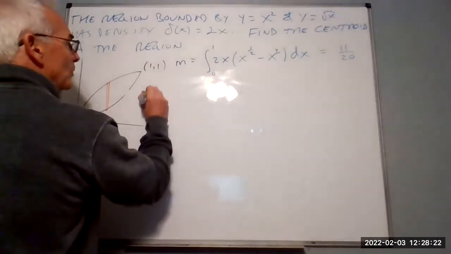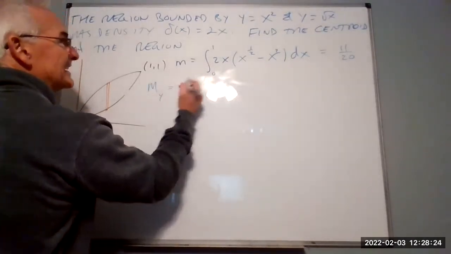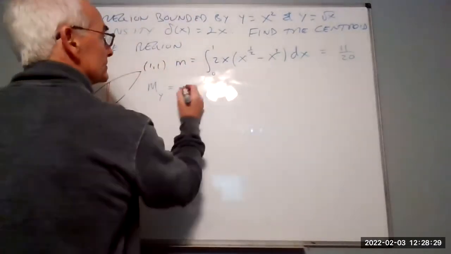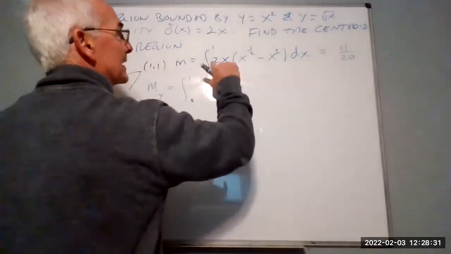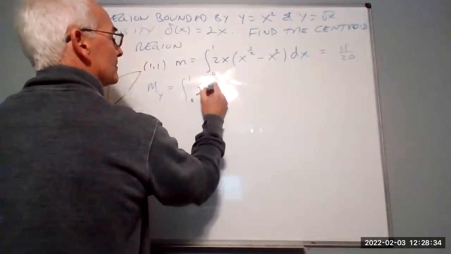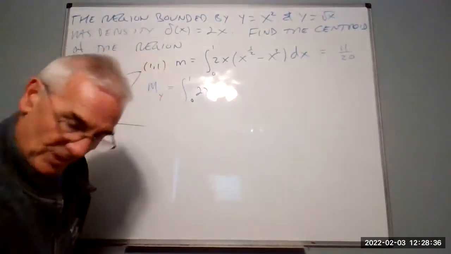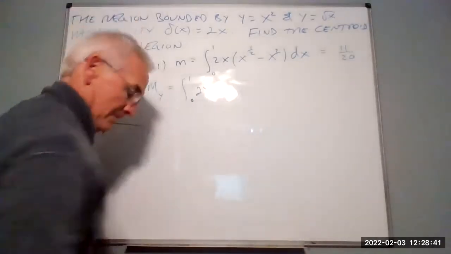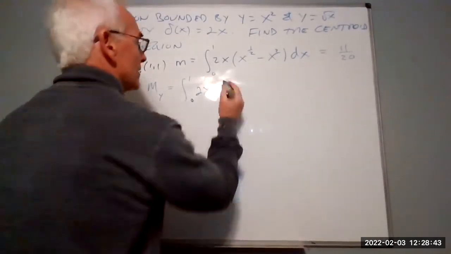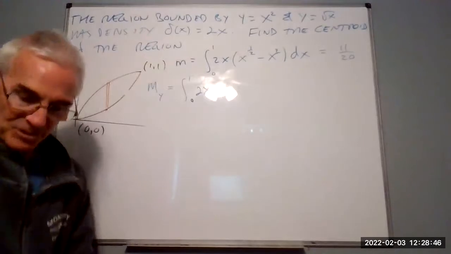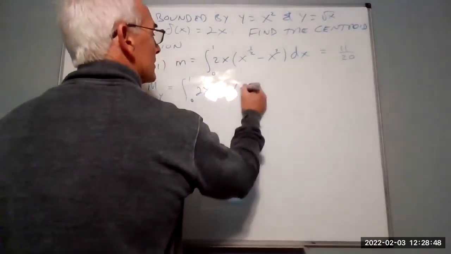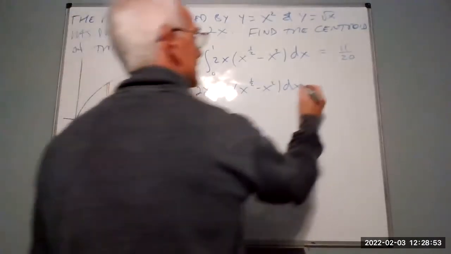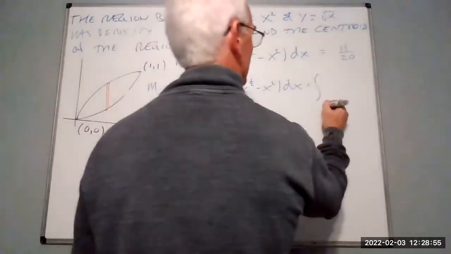So now the moment with relation to the y-axis is exactly this with a multiplier of x. I'm going to take this quantity and multiply it by x. Okay, and I can combine terms there.